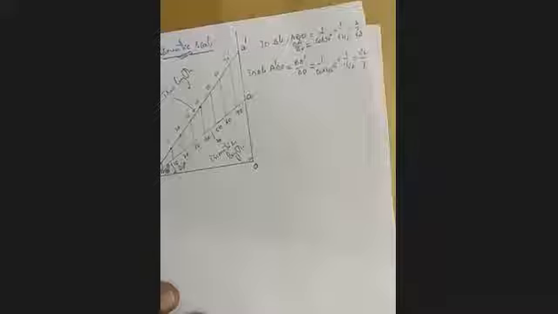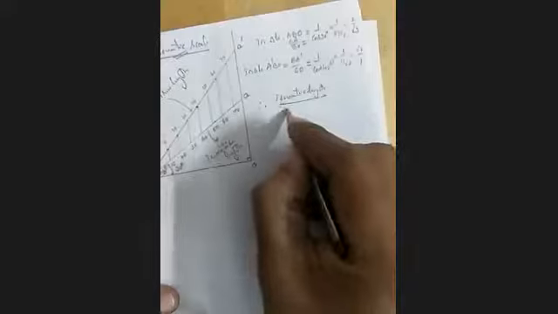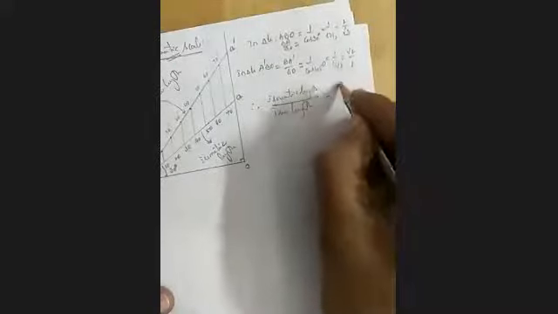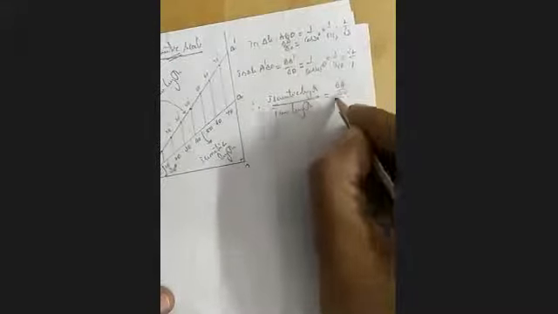Therefore, isometric length by true length. What is isometric length? BA by BO divided by BA dash by BO.